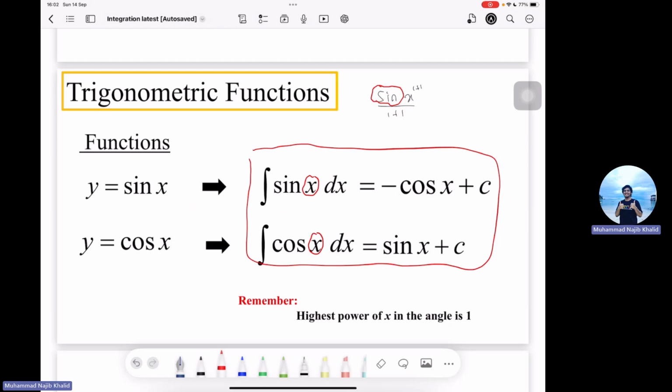Why? Because if we have sine x square, it will keep producing a series. The integral will not stop. That's why at this diploma level, we only examine trigonometry with the linear function.